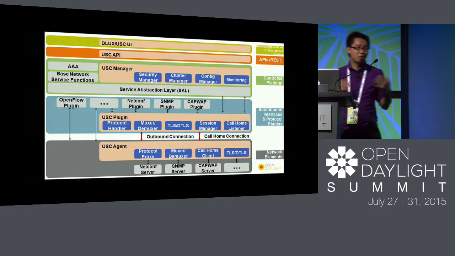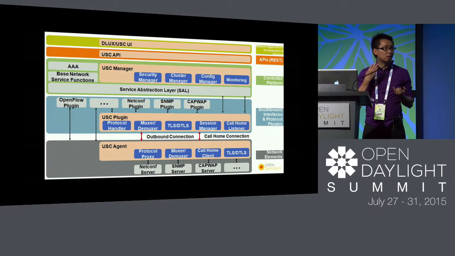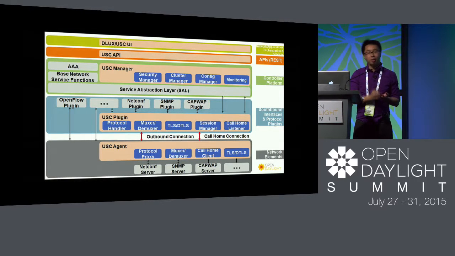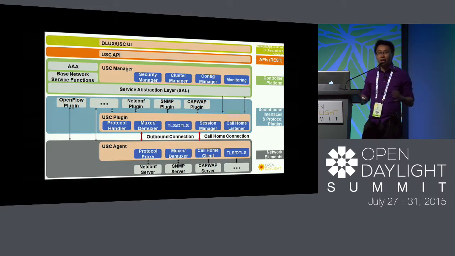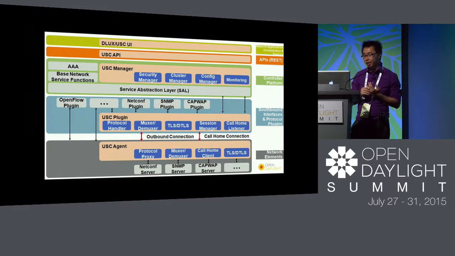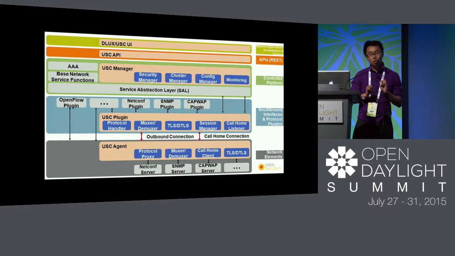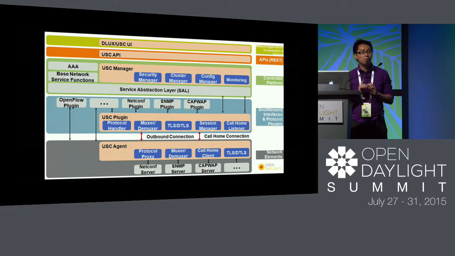Hopefully in the future, we will support other things like OpenFlow and MQTT and any other southbound protocols. The USC agent also does the muxing, demuxing, TLS, DTLS, and it also acts as a call home client, so it initiates a connection to the controller.